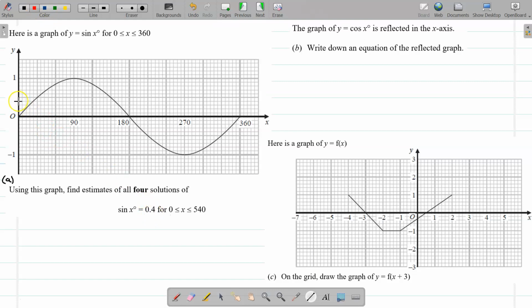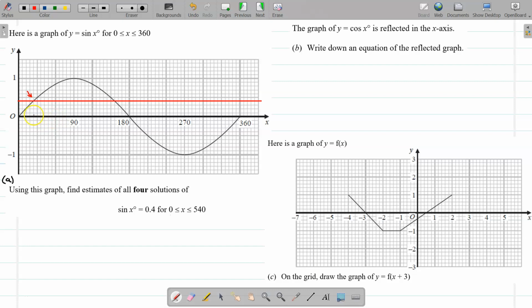0.4 is there, and so we just draw a straight line. Now, we don't have to go any further than that. We can imagine what would happen beyond 360. But let's first of all work out these 2 values that we can see. So this one here we can work out pretty accurately from the graph. A good estimate would be, well, each of these little tiny squares is going to be worth 6 because that's 30 degrees there at 60.